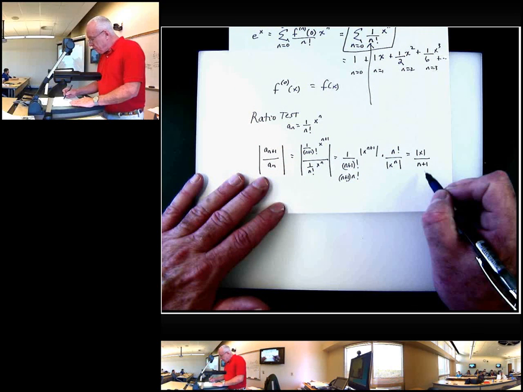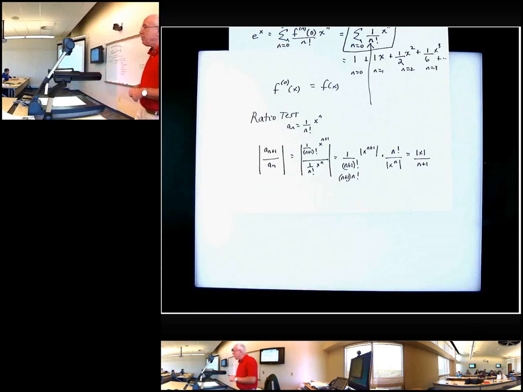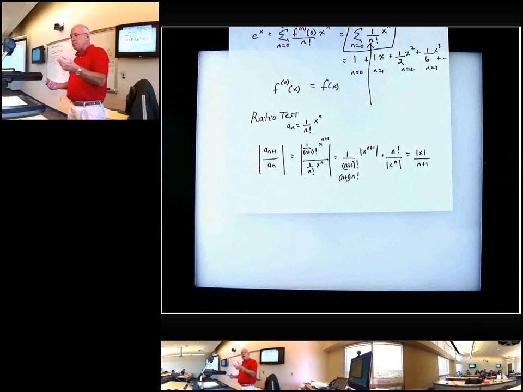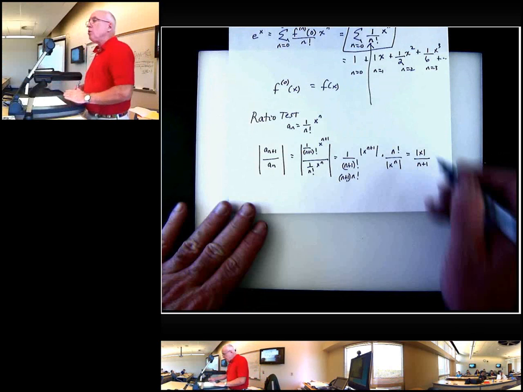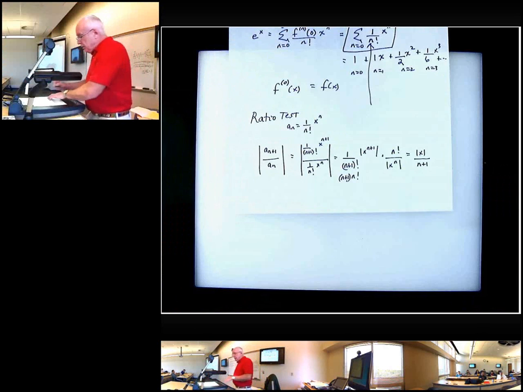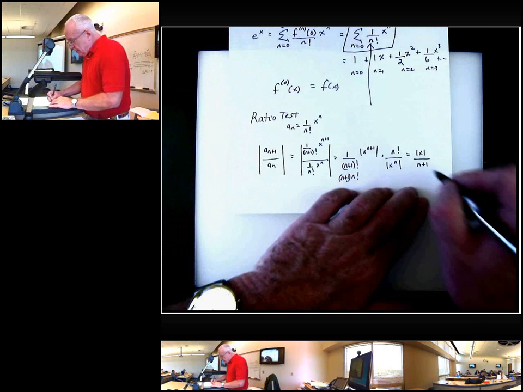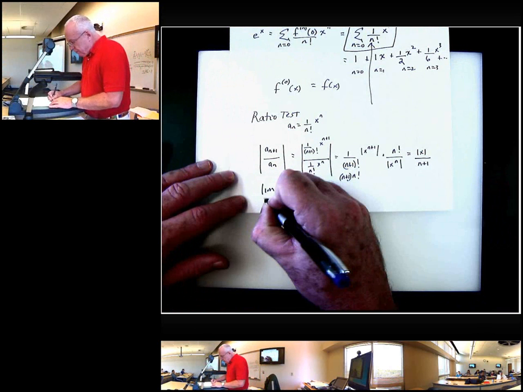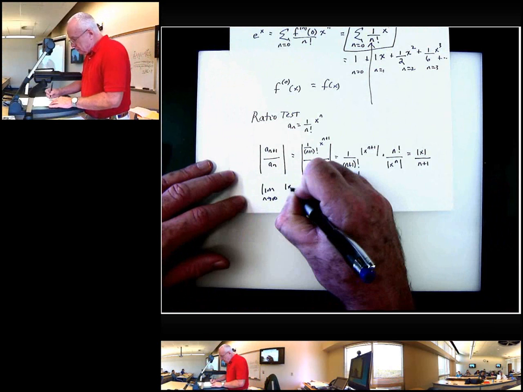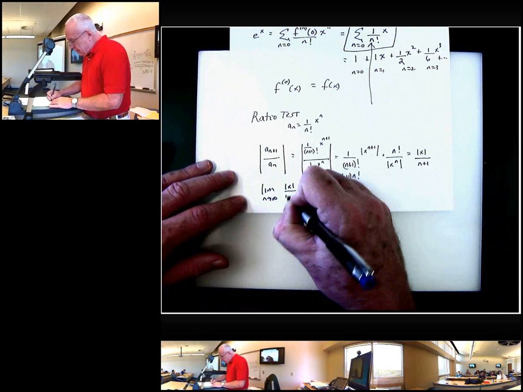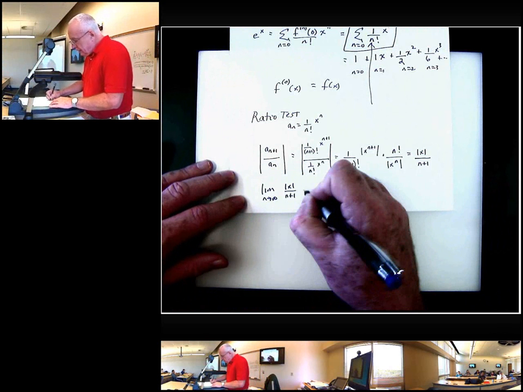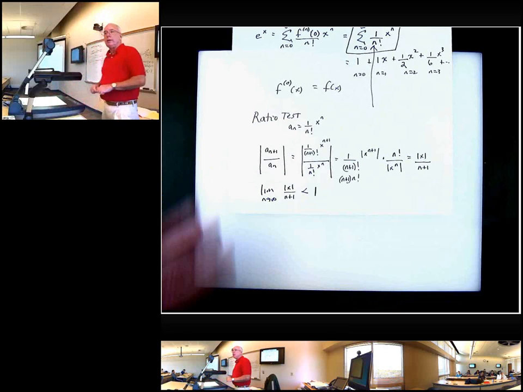And then we have one more power of x on top. So when we subtract the exponent, we still have a power of x on top. And then we know with the ratio test, the limit as n goes to infinity of this quotient, absolute value of x over n plus 1, needs to be less than the number 1.